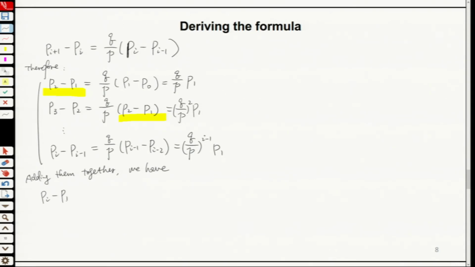P3 cancelled. Pi minus 1 cancelled. So only Pi and P1 are left. Then you add all this together, so this will equal P1 times Q over P plus Q over P squared plus up to Q over P to the I minus 1.